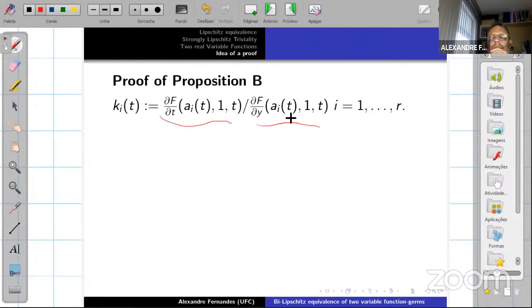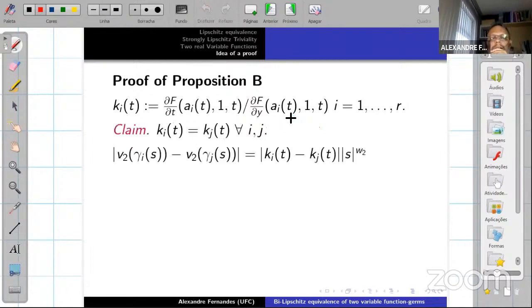We saw this quotient is Lipschitz. The claim is all these functions here do not depend on this index, the roots. This component of this vector field is Lipschitz, and this is weighted homogeneous along our polar set.